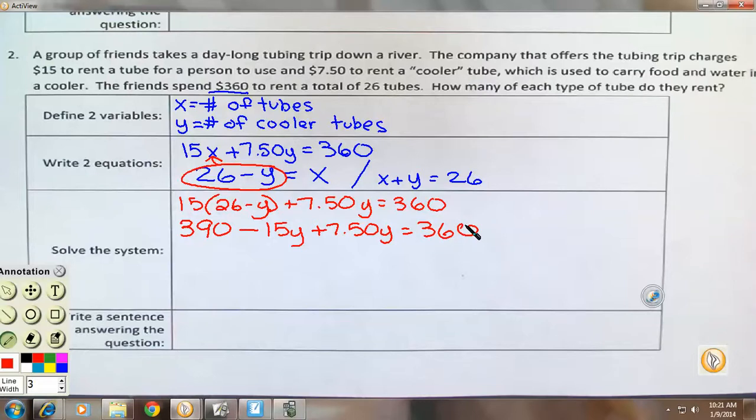Let's combine our like terms here. Negative 15y plus 750y is negative 750y. I'm going to go ahead and add 390 equals 360.